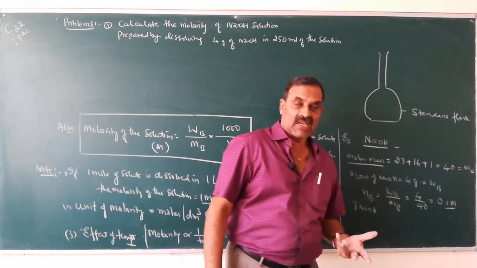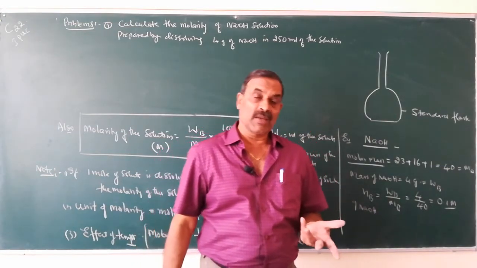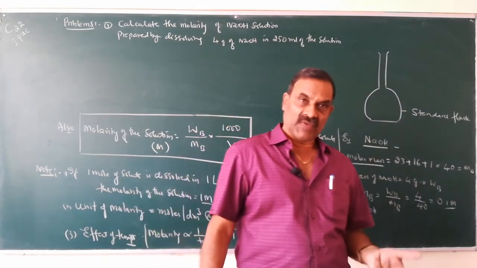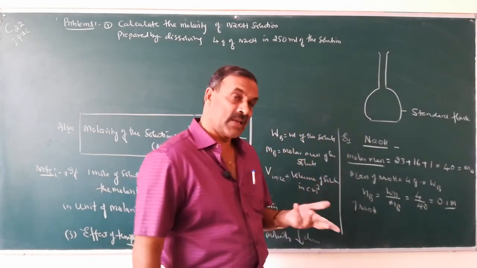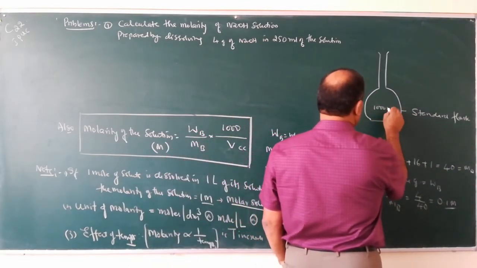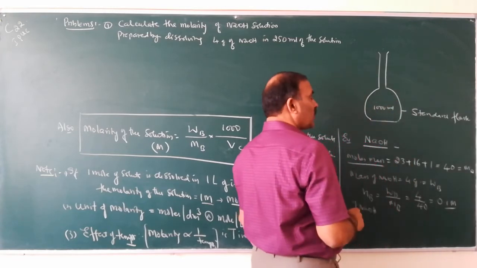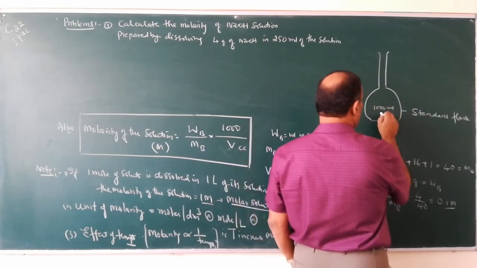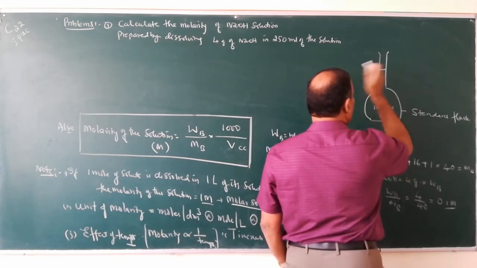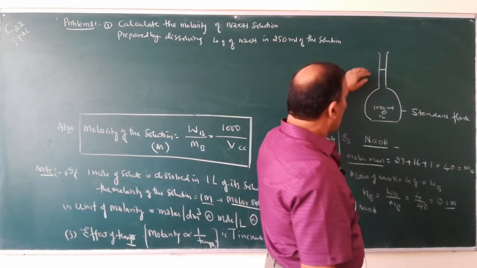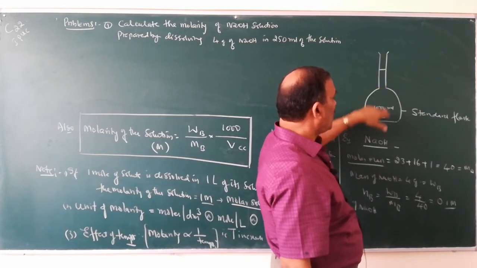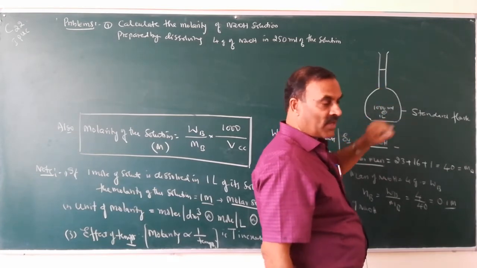You may have standard flasks of capacity 1000 ml, 500 ml, 250 ml, 100 ml, 50 ml, 25 ml, 10 ml, etc. Suppose the capacity of this standard flask is 1000 ml, also called 1 liter. Here there will be a mark. If you prepare solution up to this mark, the volume of this solution is 1 liter or 1000 ml.